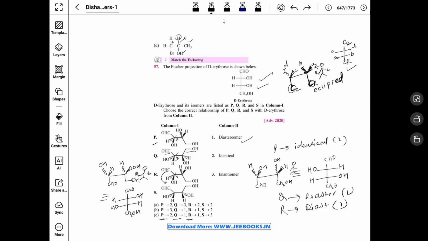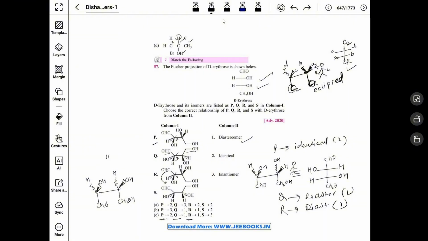Now the last is S. If you see S, in this case, the Fisher projection, let me erase this molecule. Okay, then S we can quickly draw. Hydrogen is going away, OH is towards your side, and the same, hydrogen is going away, OH is on your side.